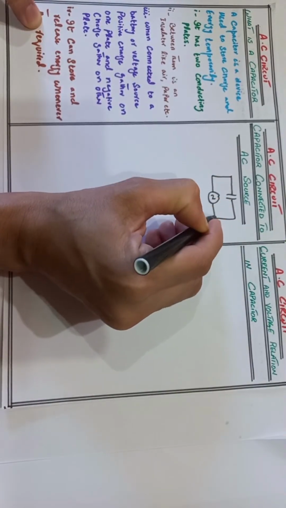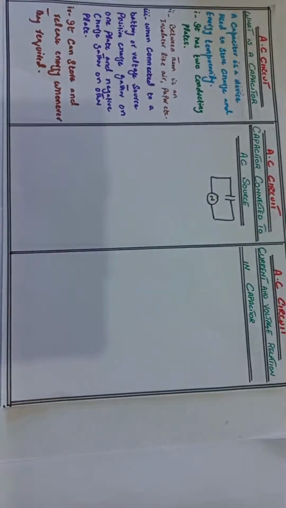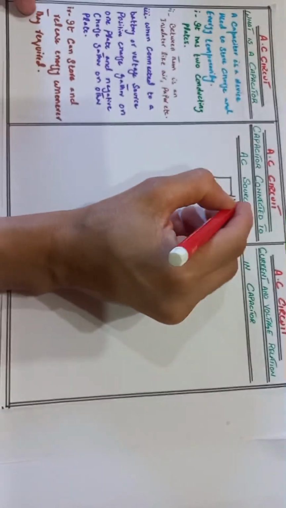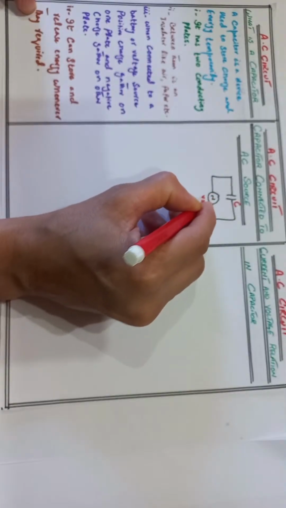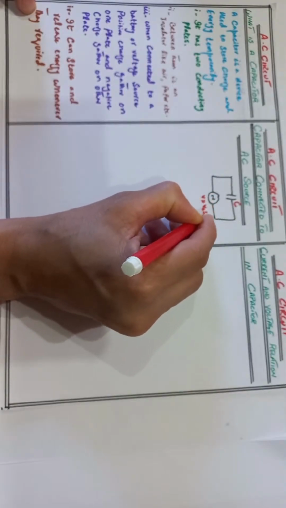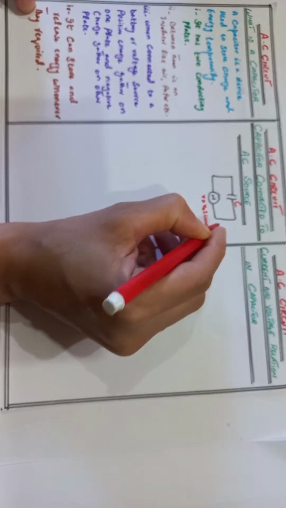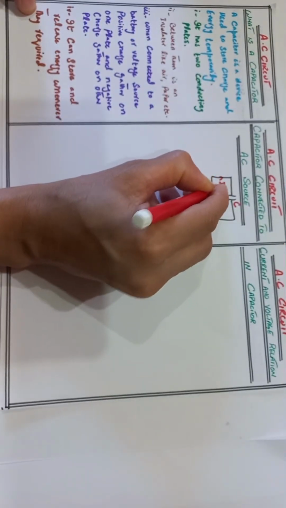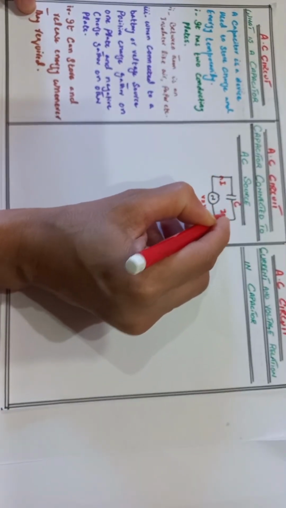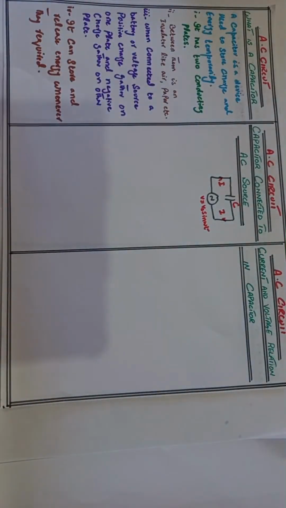So here we take the AC source, the capacitor, which we denote by capital C, and here we supply the alternating source, that is voltage, and here the current is flowing in the circuit.